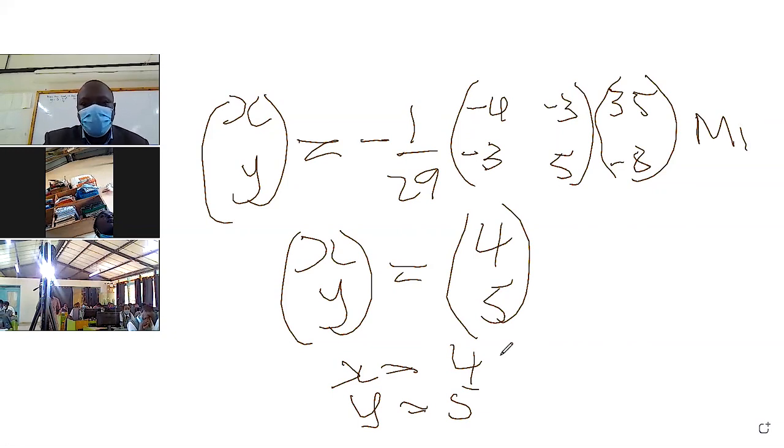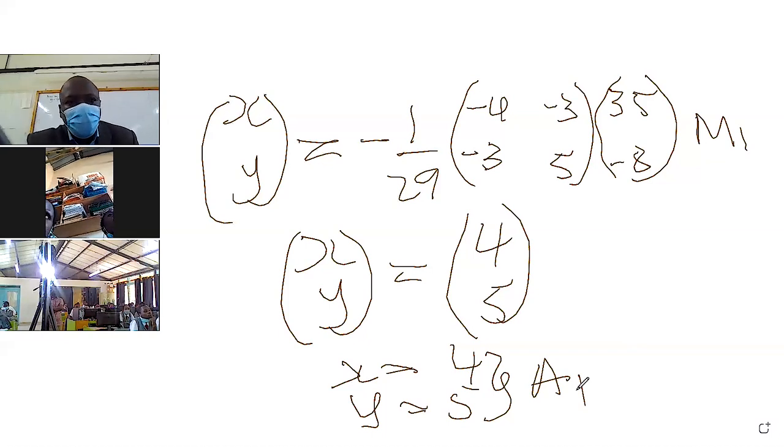And when you extract those two values for x and y, you score a method mark, A1, because those are the correct methods. But then there is a condition about the accuracy mark in relation to the method mark.